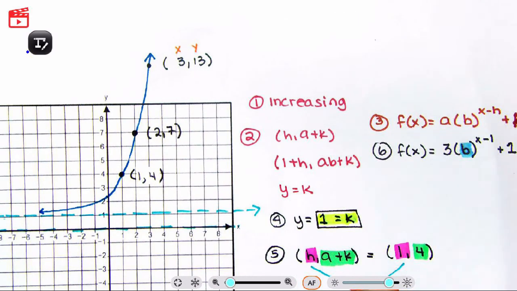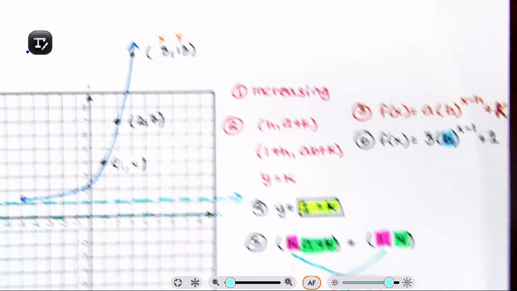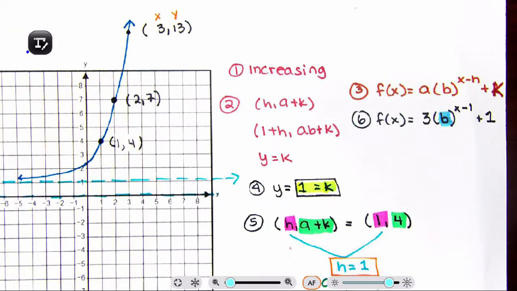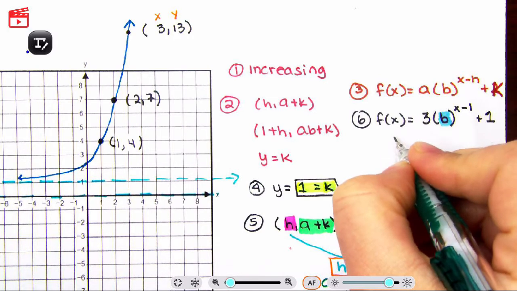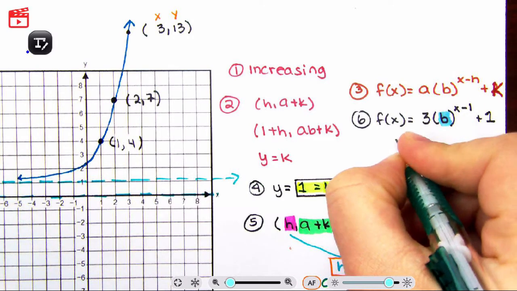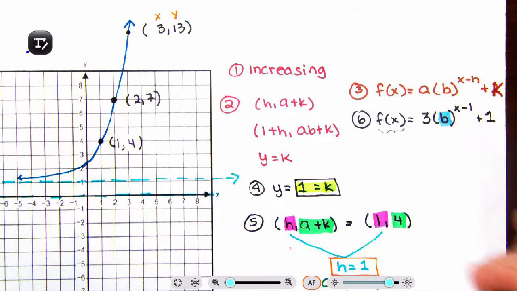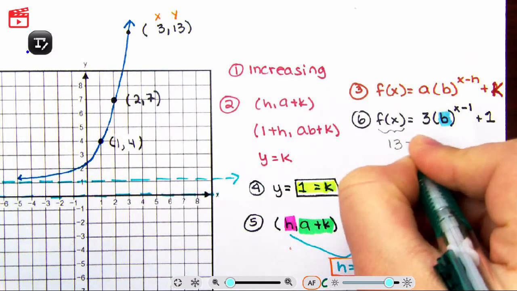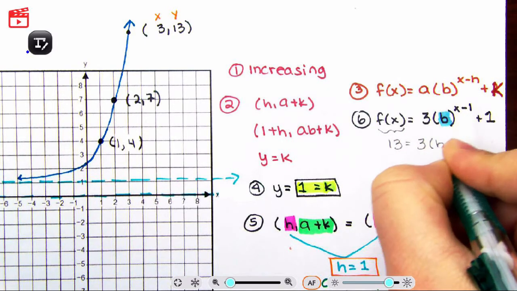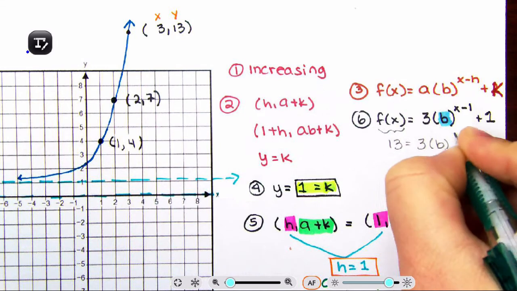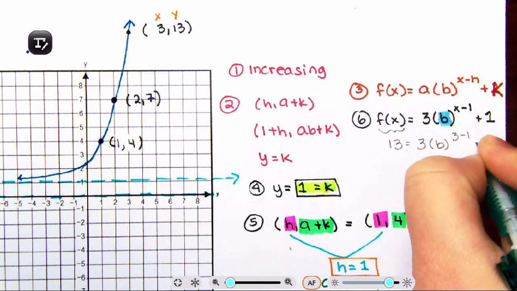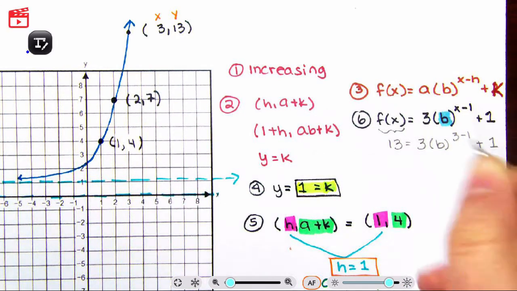I'm going to see if I can use a pencil here. Not sure if it's going to show up, so I might change, because I want to write in a smaller print. So we have y is equal to 13. B, we don't know what this is. X is 3, and we know that k is 1 and h is minus 1.